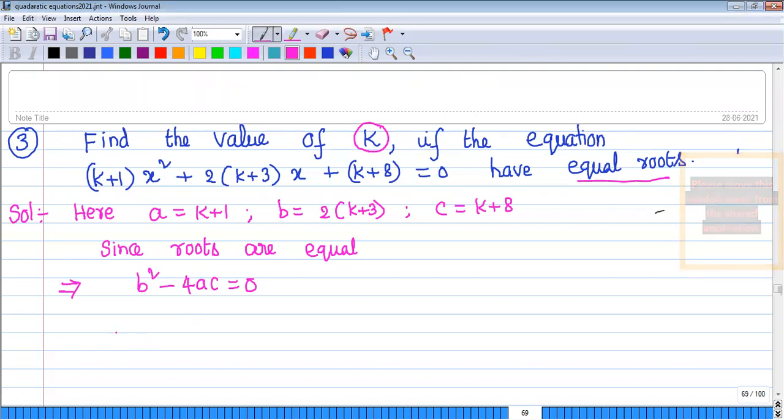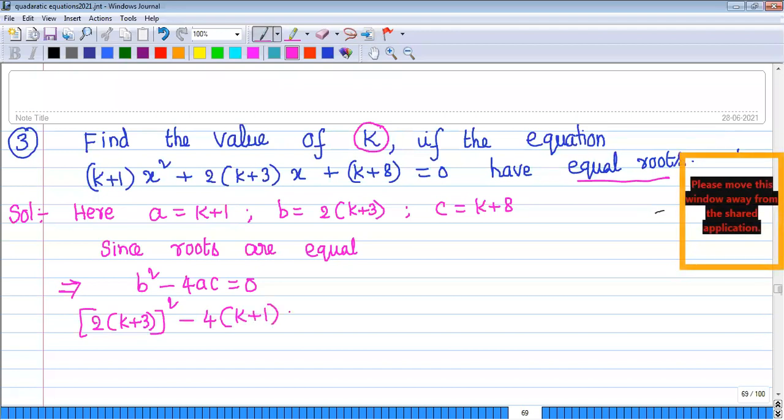Right, b square means 2 times k plus 3 whole square, minus 4 times k plus 1 into c, which is k plus 8, equals 0. Now 2 times k plus 3 whole square, we can write 4 times k plus 3 whole square.